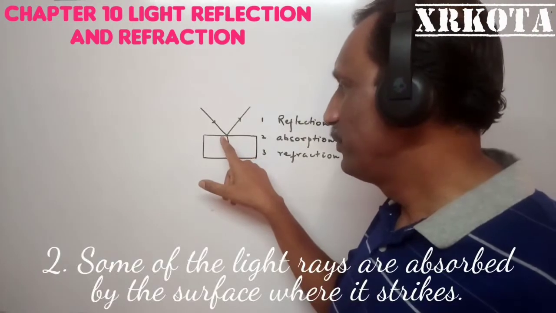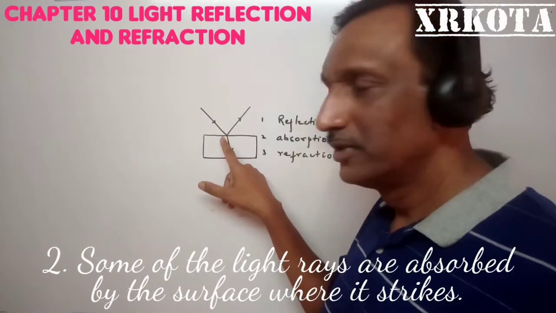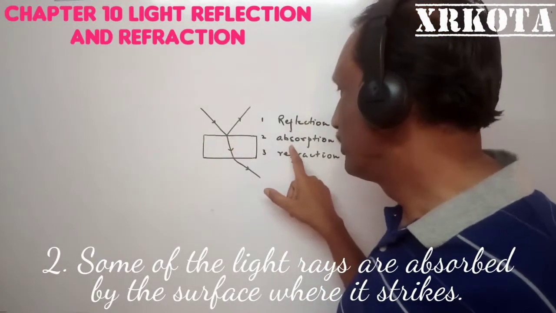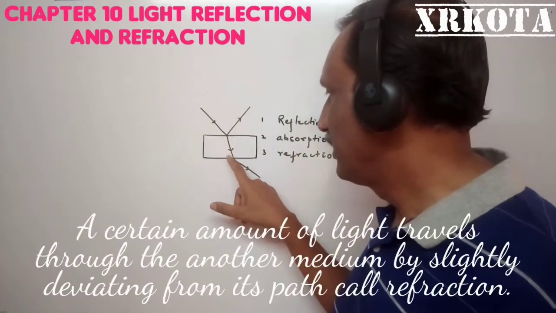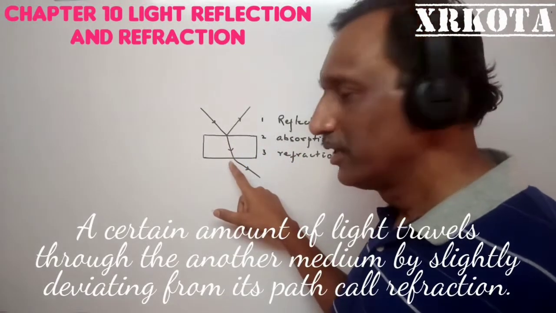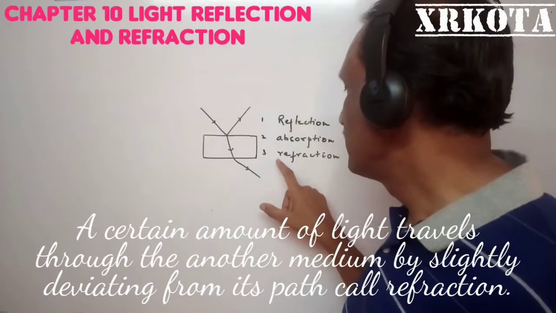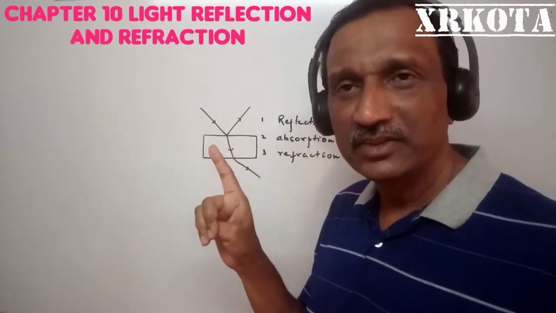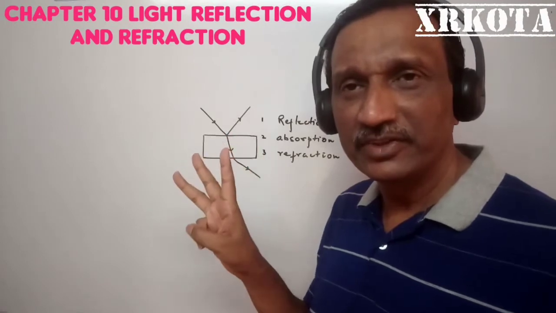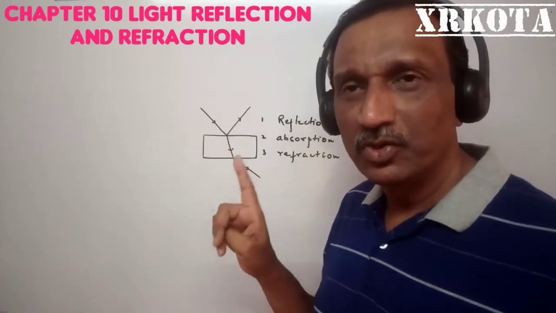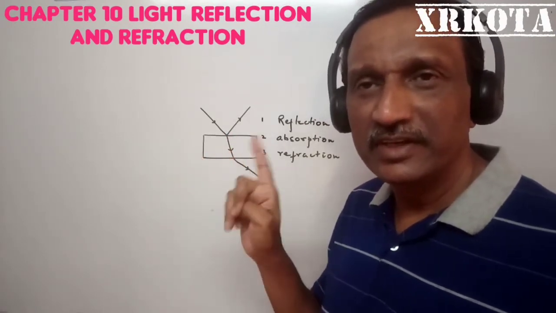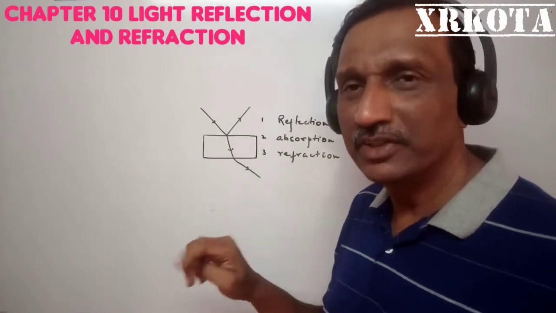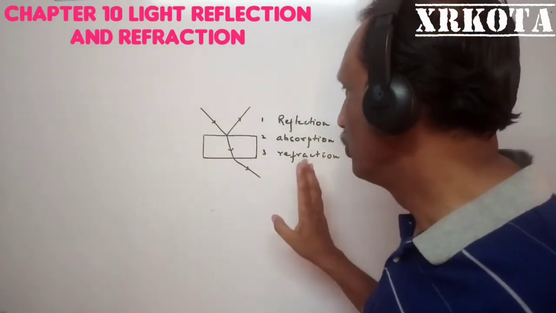Some of the light will be absorbed, and this is called absorption. And some of the light can pass through the medium, and this is called refraction. So there are three events: reflection, absorption and refraction. In class 10 we are going to study the first and third, that is reflection and refraction. Absorption we are not going to study.